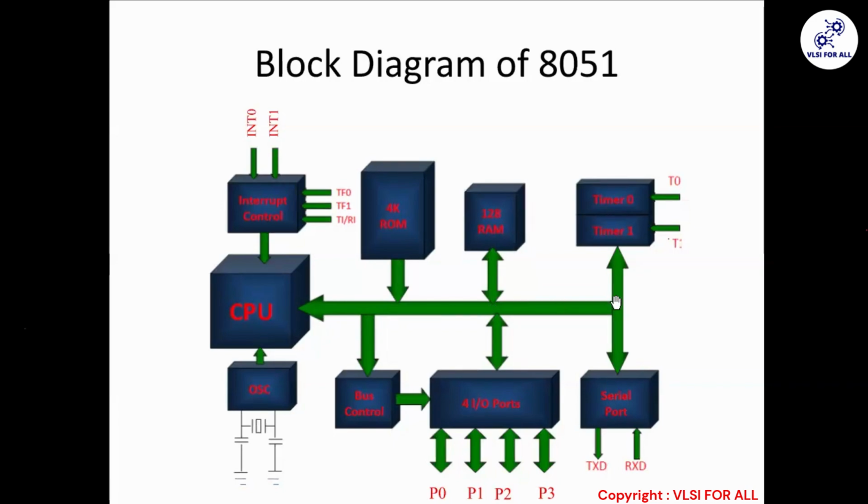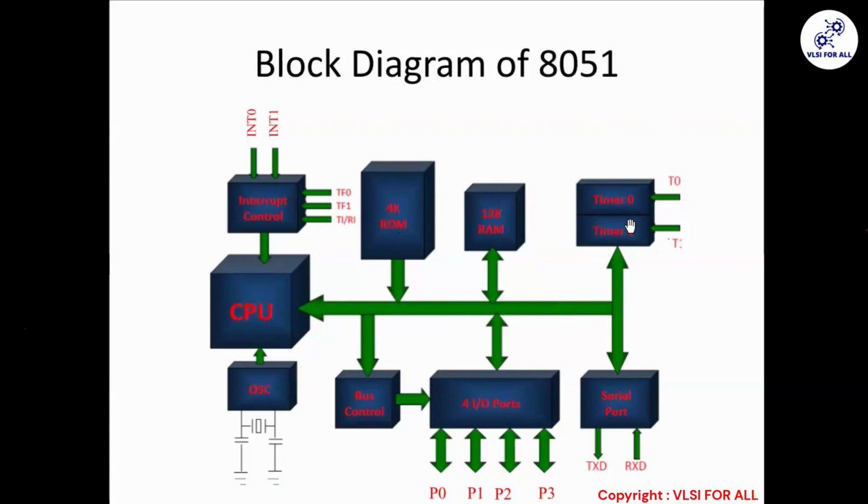After that, there are timers. How many timers? Timer 0 and timer 1. We can use these for setting the internal time for some operation. My program can utilize that timer. In the program, I can set a particular value of the timer, and after that much time, I can ask it to do some operation.